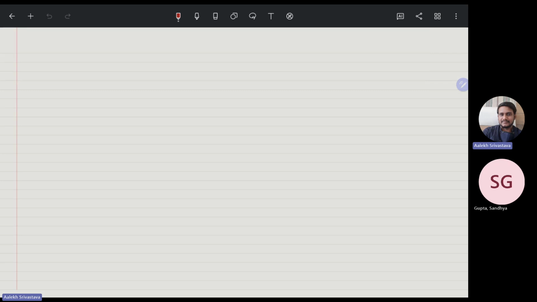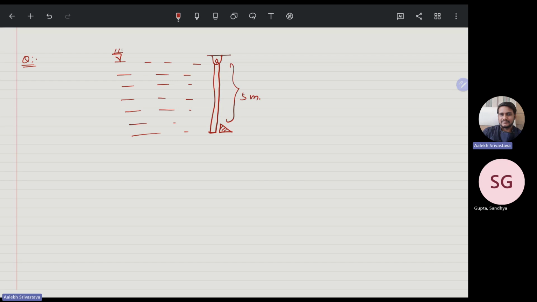Now the next question is, it says that you have a hinge at this point, and a rod is maintained to avoid the flow of water, and a support is there so that it will not move, and this length is 5 meter.